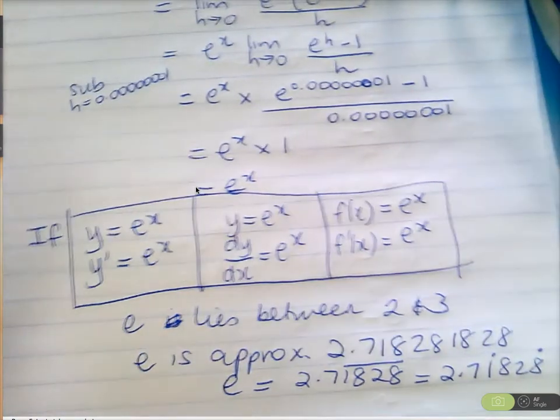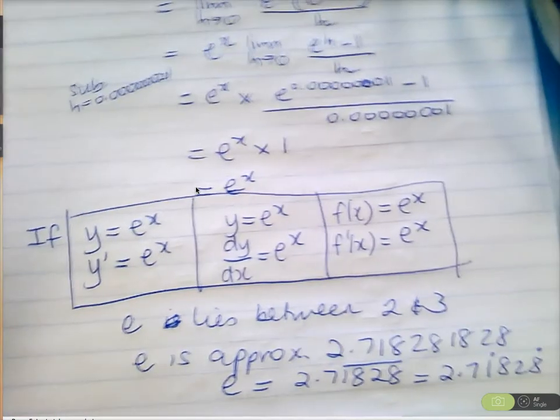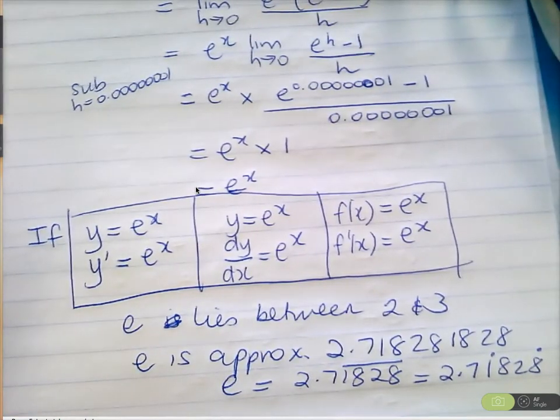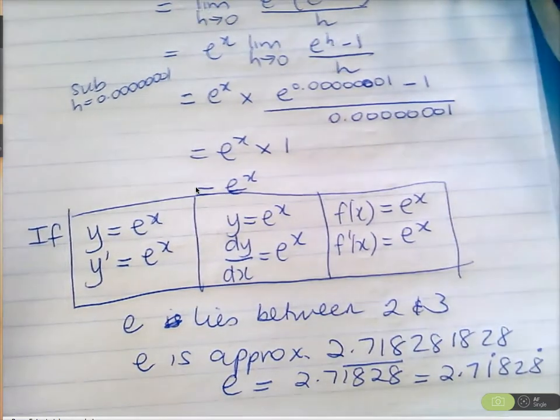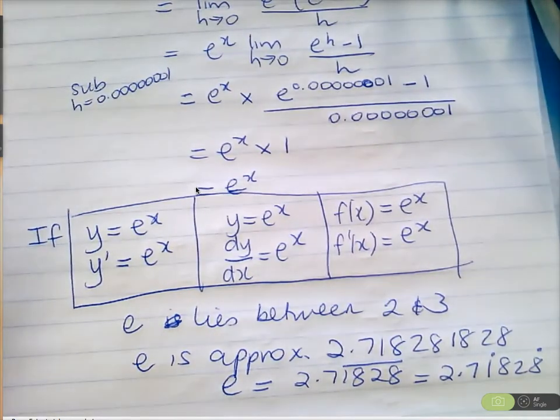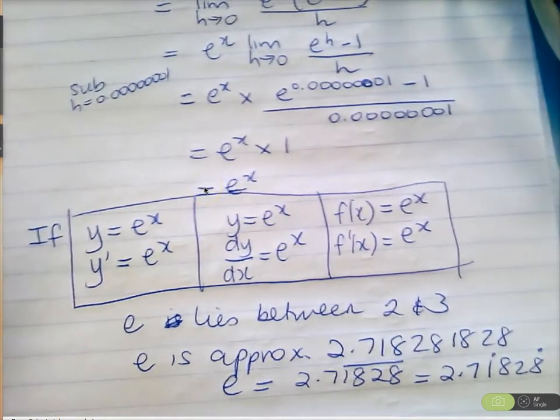And when you differentiate y is 3 to the x, you get 3 to the x times 1.09. So this is the only exponential function that, when you differentiate it, you get the same answer for the derivative. Okay? We'll do some examples now.